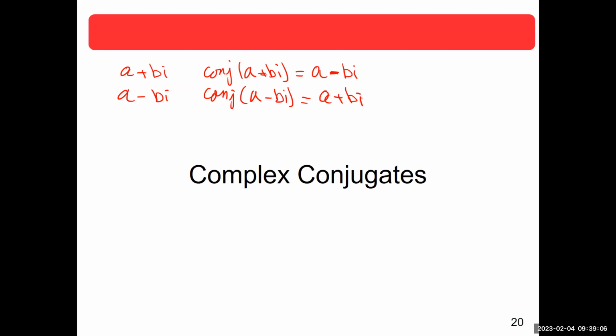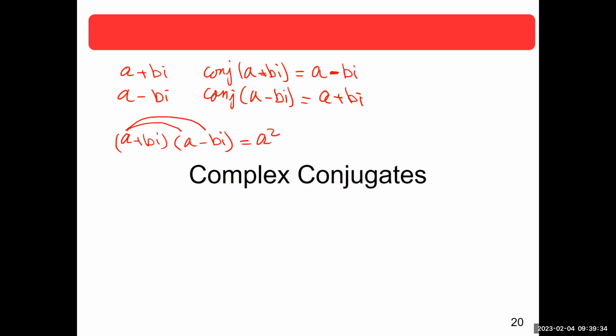What would happen if we multiply the number by its own conjugate? If I say a plus bi multiplied by the conjugate, which is a minus bi. We'll do it the same way we did before. We distribute: a times a is a squared.